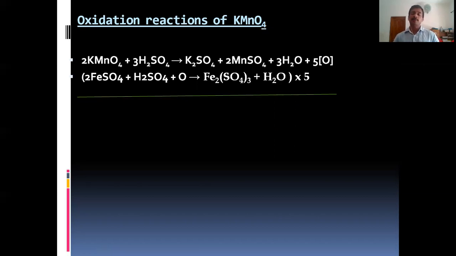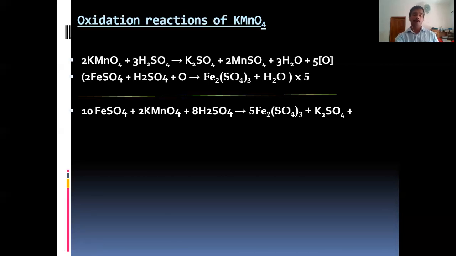But in the first equation, 5 oxygen atoms are released. And here only 1 oxygen is consumed. Therefore, to equalize the released oxygen and consumed oxygen, multiply this equation by 5. After multiplying, you can add these two equations, then you will get the complete oxidation reaction of potassium permanganate.